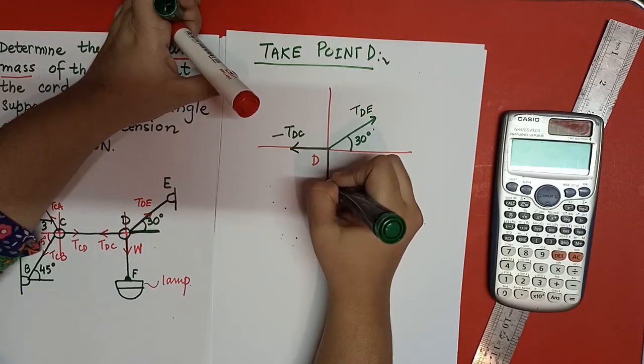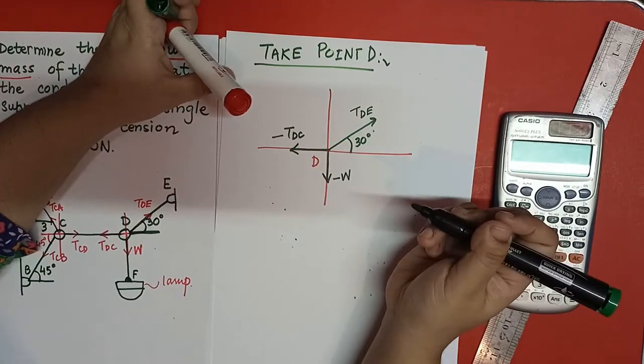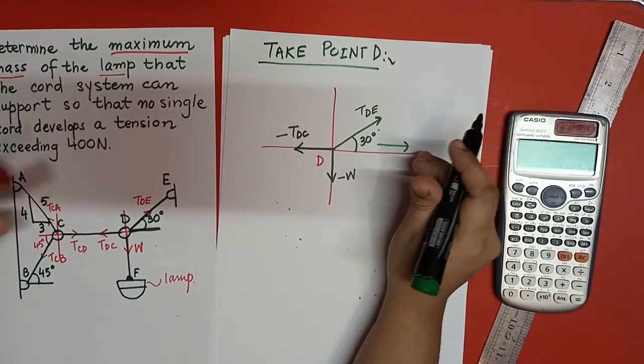And there is a weight acting downward, lying on the minus y-axis, so it will be minus y. We have to resolve this tension into its components.